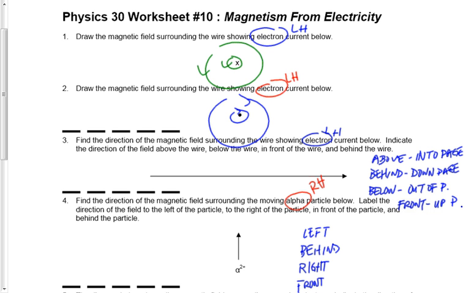From your perspective, my fingertips are in front of the wire, right? Which way are they pointing? Towards the left. Right now, my fingertips are to the left of the wire, and they're pointing into the page.